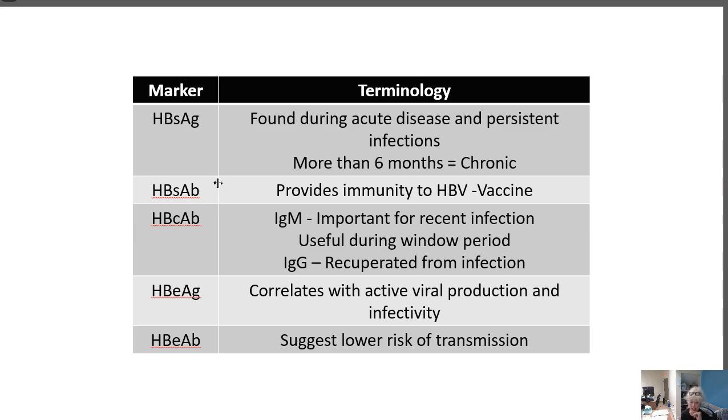Now, hepatitis E antigen correlates with active viral production and infectivity. Hepatitis E antibody basically just suggests a lower risk of transmission.